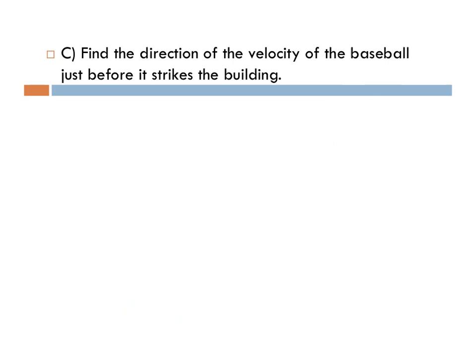And then the very, very last piece is to find the direction of the velocity of the baseball just before it strikes the building. So we now know that our velocity in the x direction is 7.95. Our velocity in the y direction was negative 8.4. and our resultant, which is the velocity that it actually strikes at, is 11.6 meters per second.